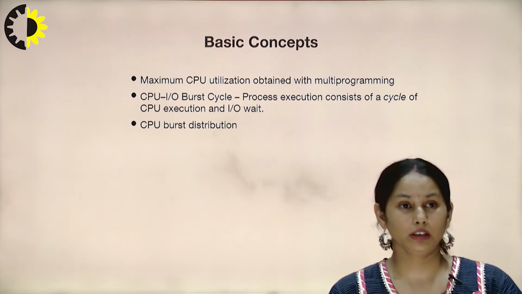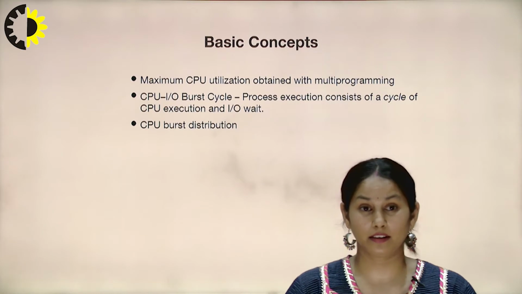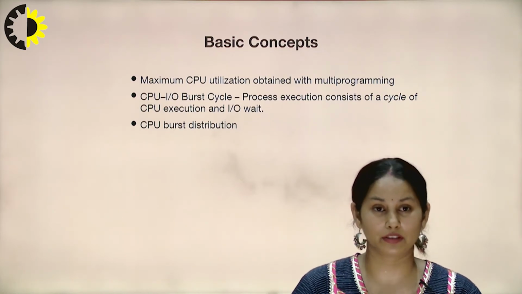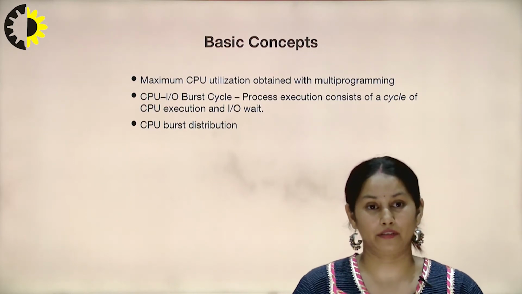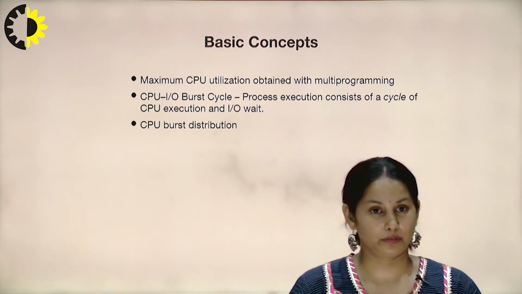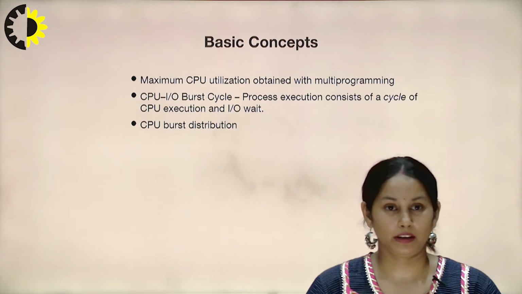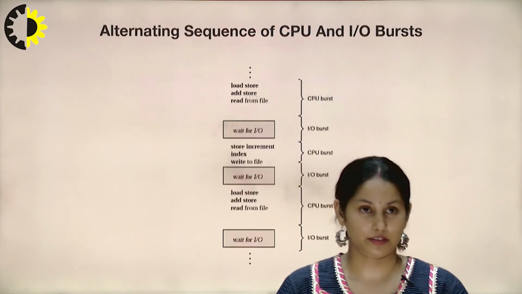So the CPU burst distribution has to be planned so that CPU utilization is maximized. Every process would have a timestamp saying that it is going to be executed in this amount of time, so there should not be any starvation condition.